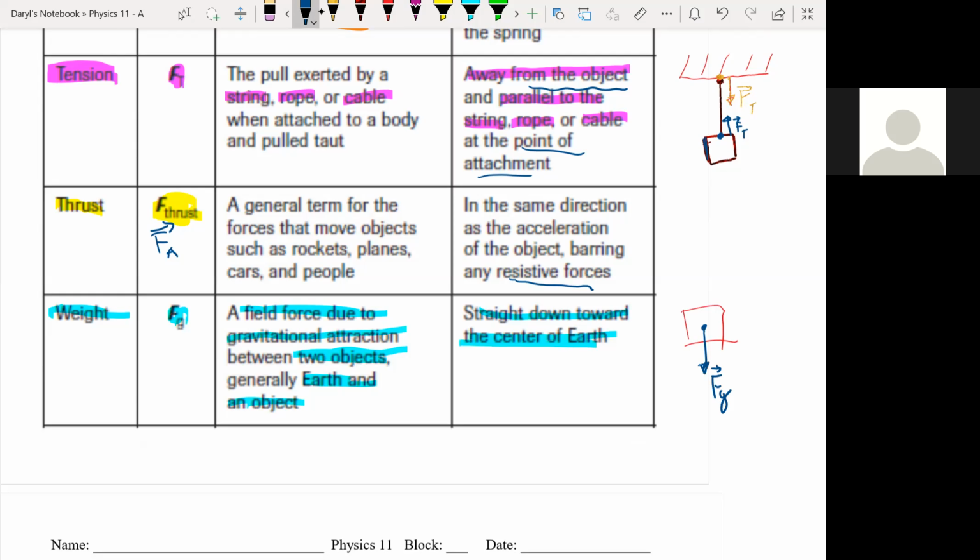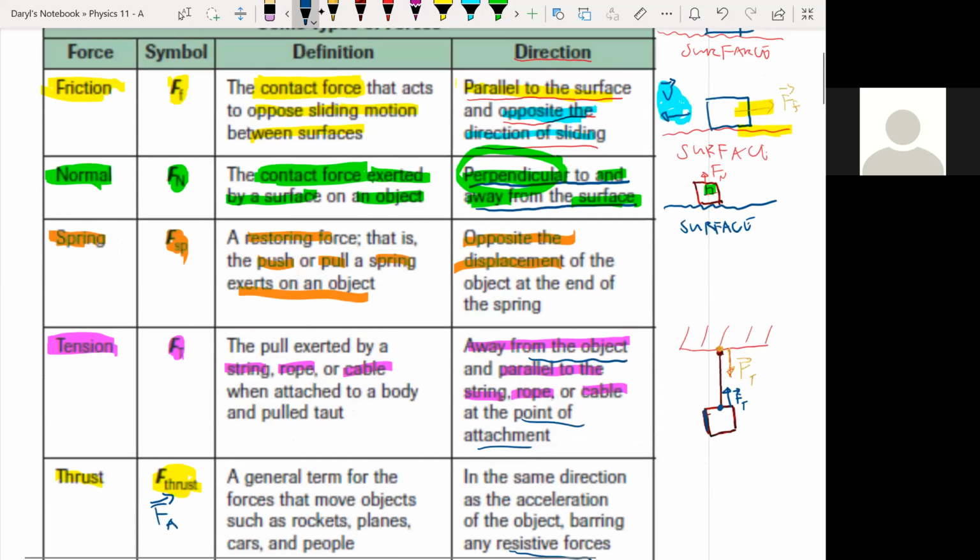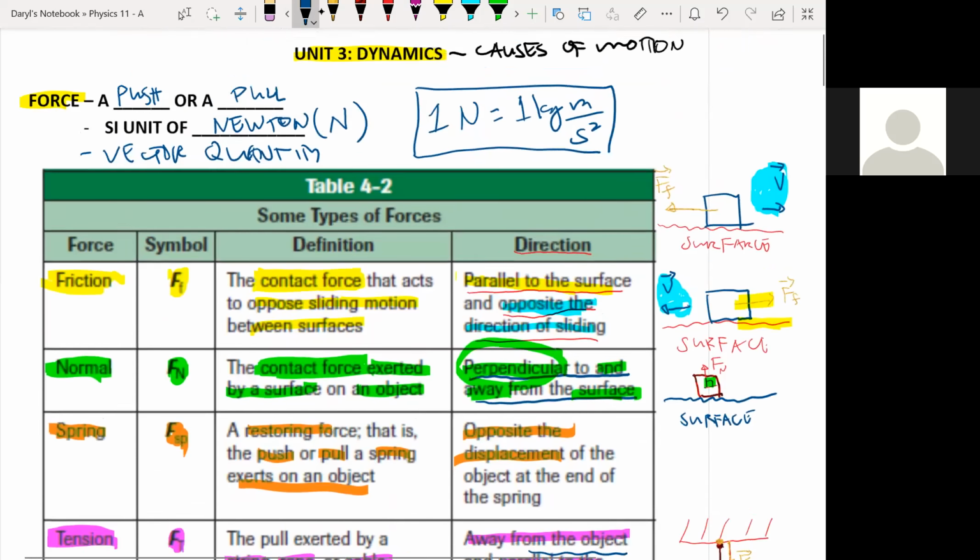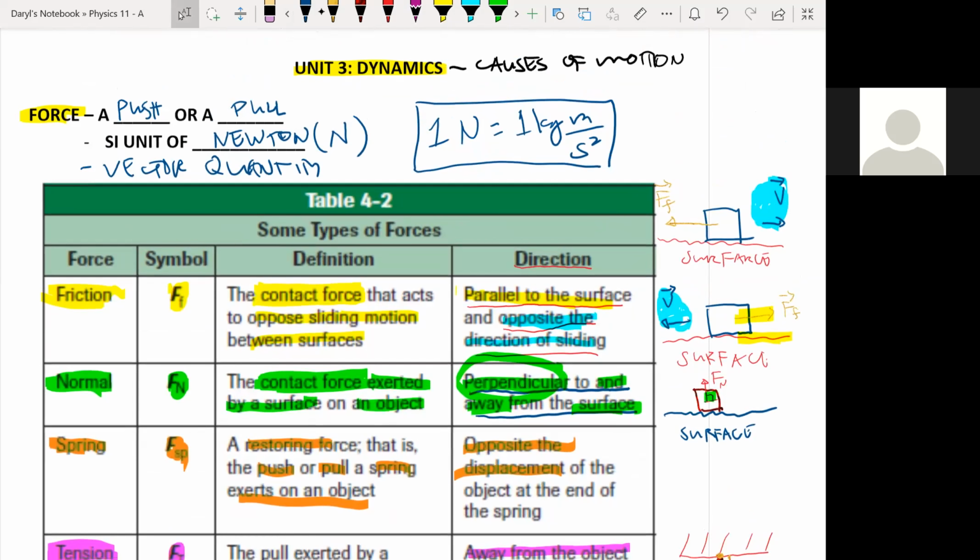So I started with this one because later on you'll be doing what you call a free body diagram. A free body diagram is just a diagram that shows all the forces acting on the object. And that is very essential when talking about dynamics.